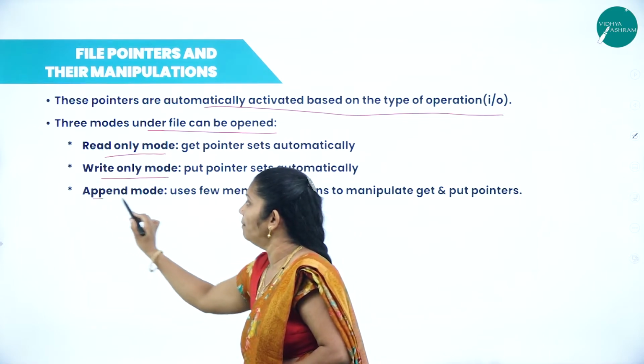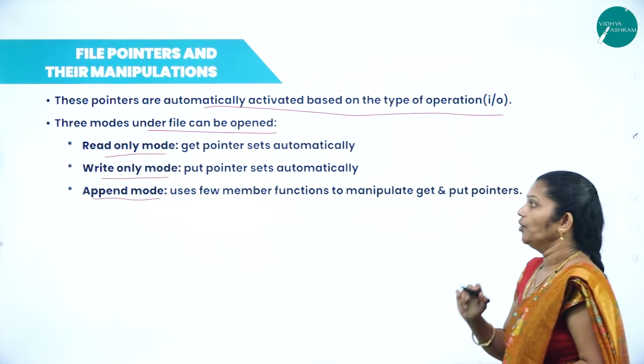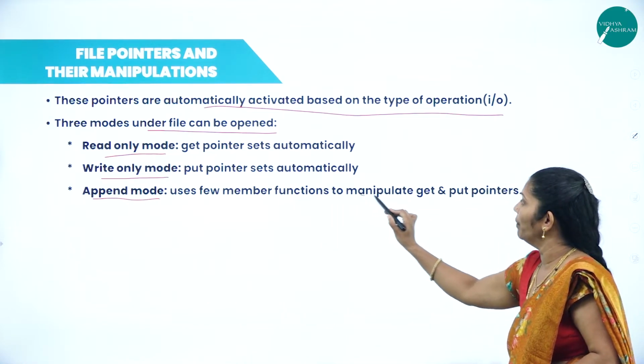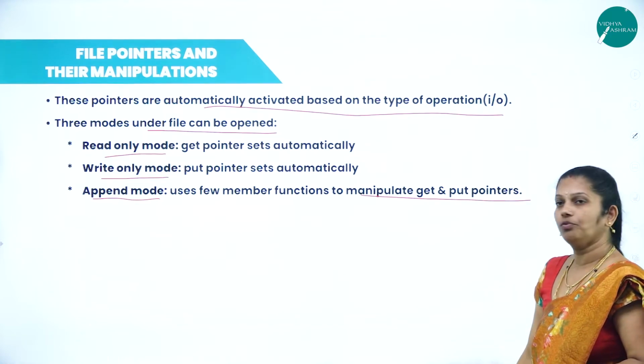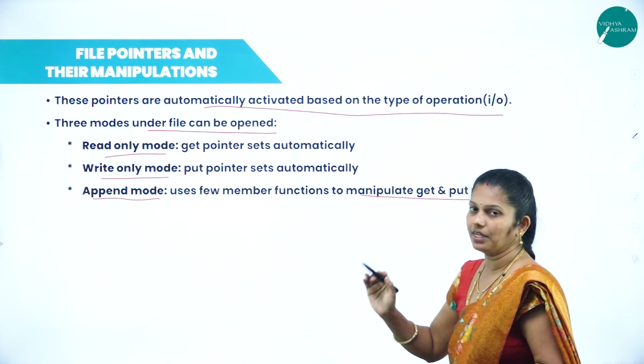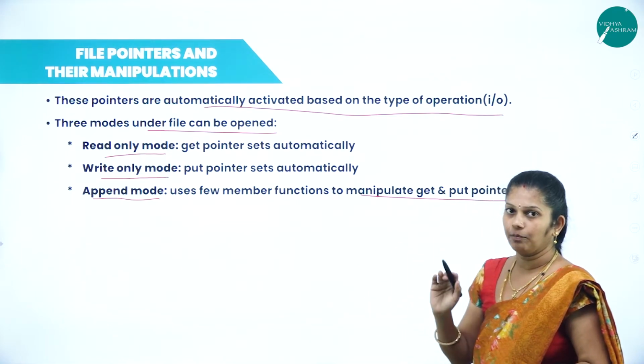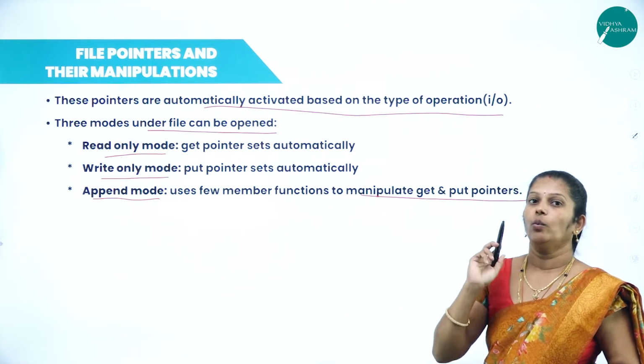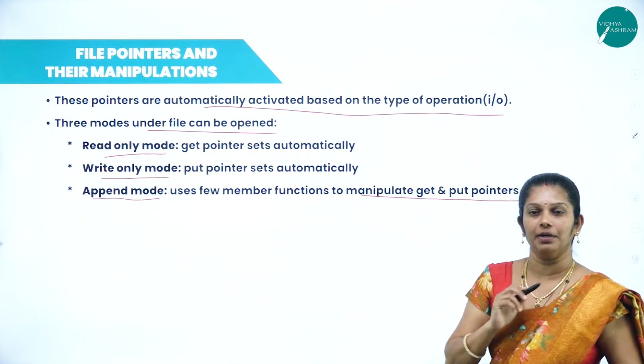And one more is append mode. It uses a few member functions to manipulate the get and put pointers. Remember that the get pointer helps to read, whereas the put pointer helps to write.